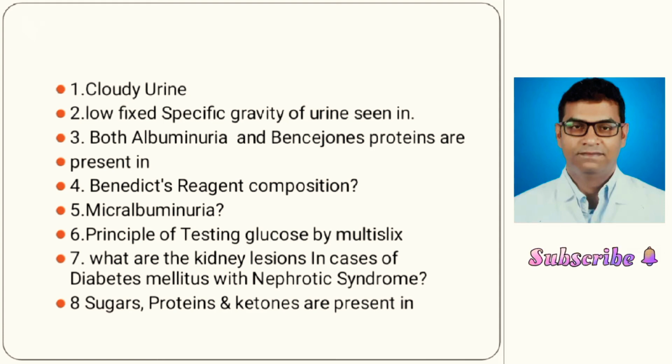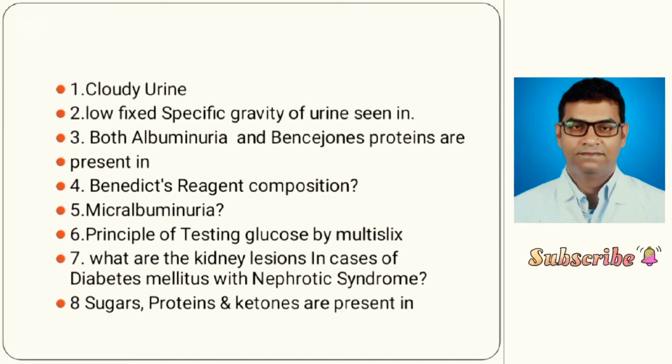As the kidney loses its concentration power, the specific gravity will be fixed to a point, and this point is called fixed specific gravity, that is low, between 1.008 to 1.010. It is seen in end stage kidney disease, chronic renal failure.